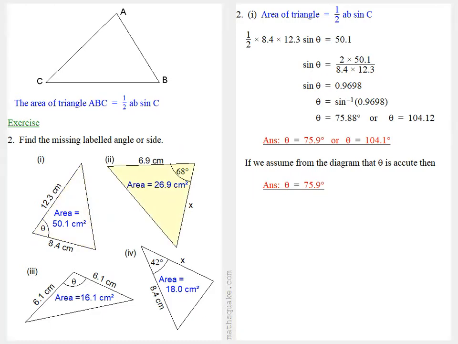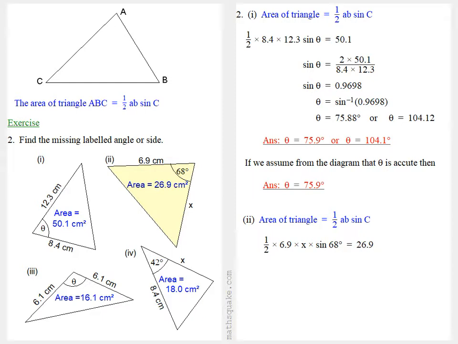Now in question 2, one of the sides is missing, but we have one side, the angle, and the area. So using the area of a triangle formula, we have a half times 6.9 times x times the sine of the angle, 68 degrees, is equal to the area, 26.9.